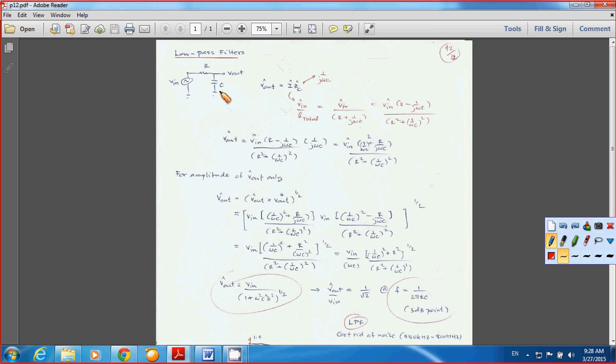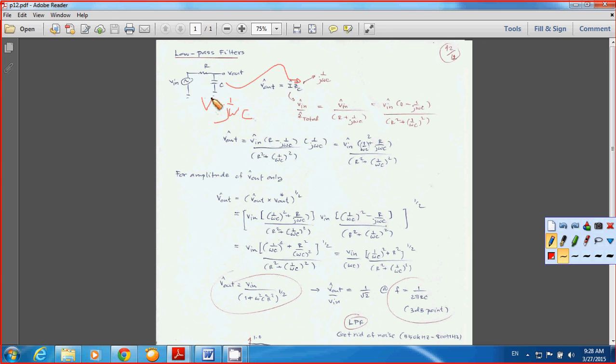Okay, you do the same thing. You can use the voltage divider here, quick. For this one I simply put V out equal to I multiplied by the output impedance, which at this point becomes Z. For the voltage divider, you simply use the impedance here, 1 over j omega C, right?